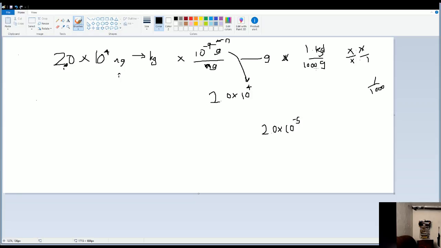Then you're adding, basically this is probably confusing, but 1 over 10 to the 3. Same thing as 1,000. So here you would just subtract 3. So you go 2 times 10 to the negative 8 kilograms.